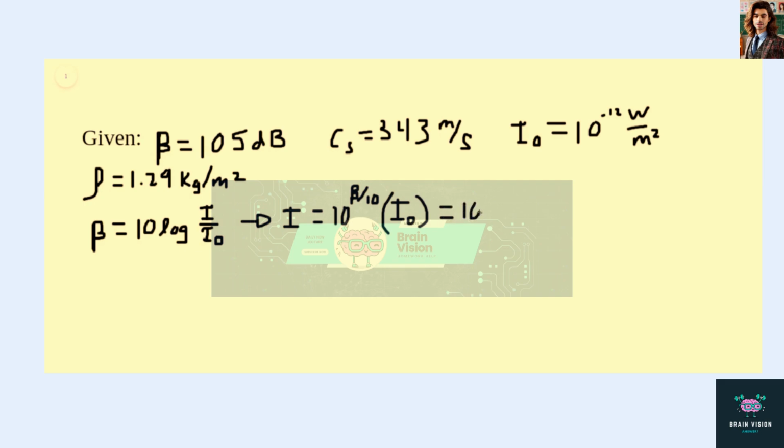Beta is 105, divided by 10 is 10.5. So this is 10 to the 10.5 multiplied by 10 to the minus 12 watts per meter squared. And we get an intensity of 0.0316 watts per meter squared.